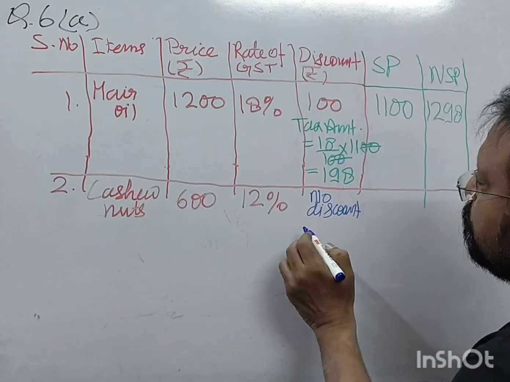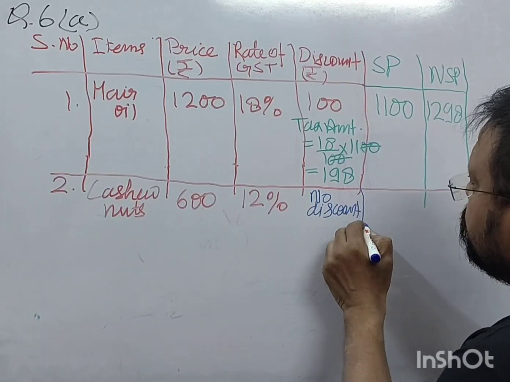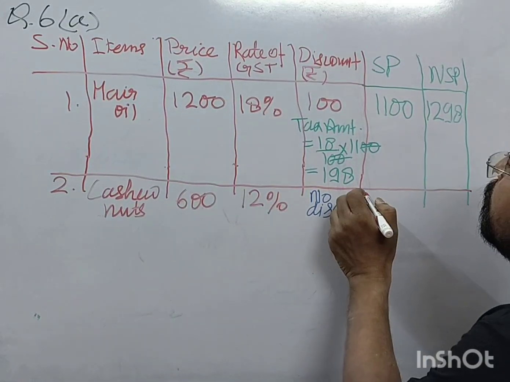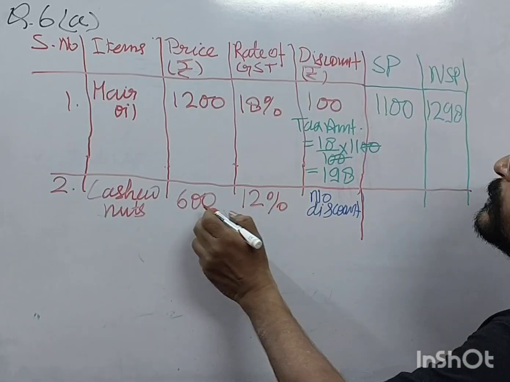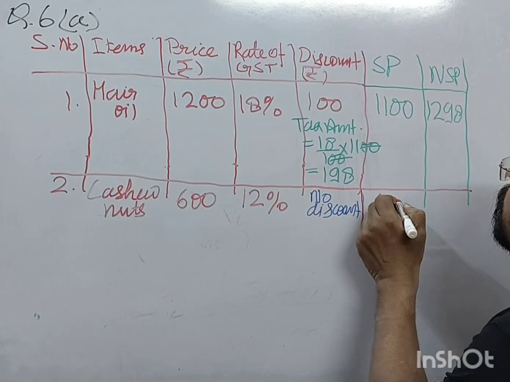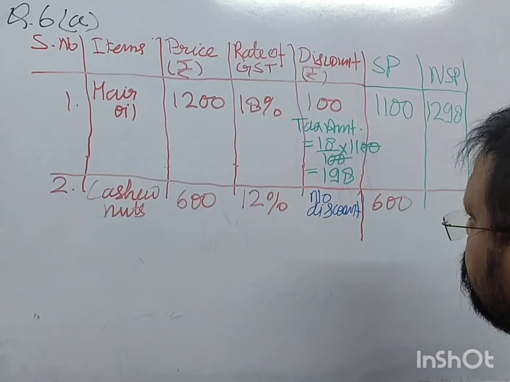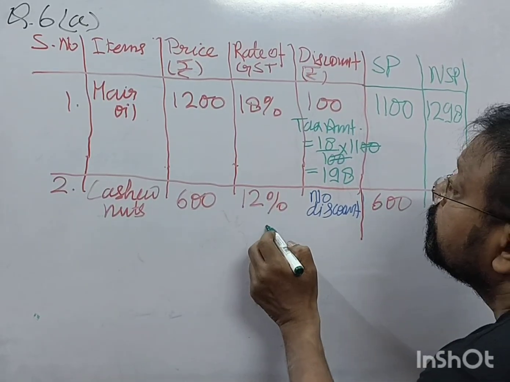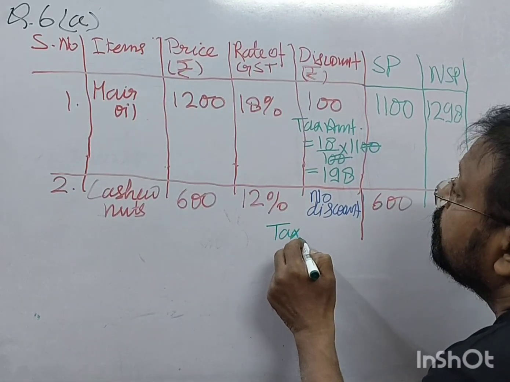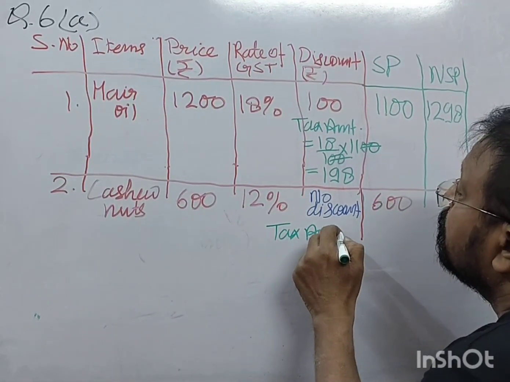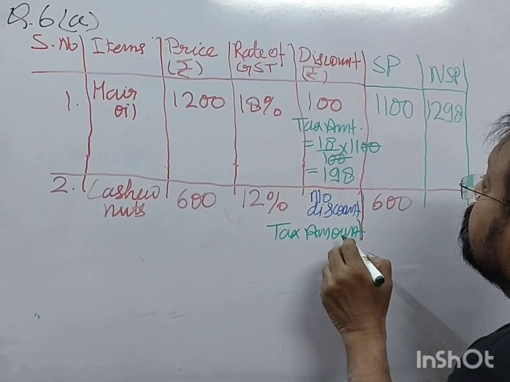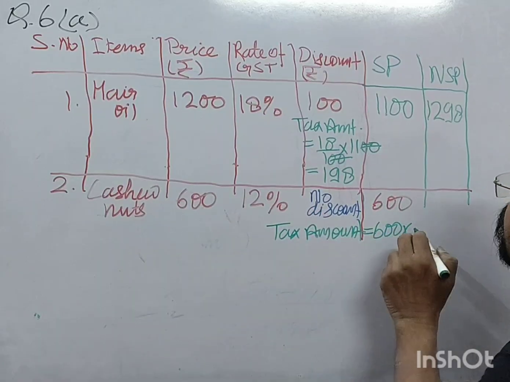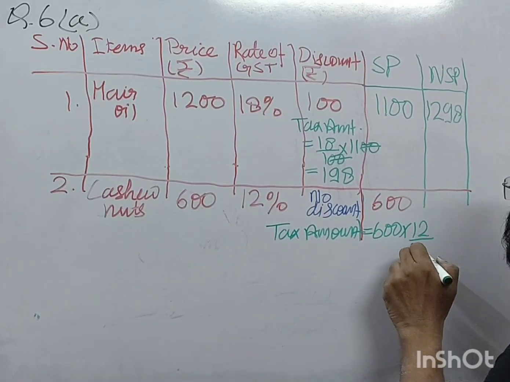तो टैक्स अमाउंट कितना हो गया? So its SP remains same, right? SP is 600 and tax amount is 600 into 12 upon 100.